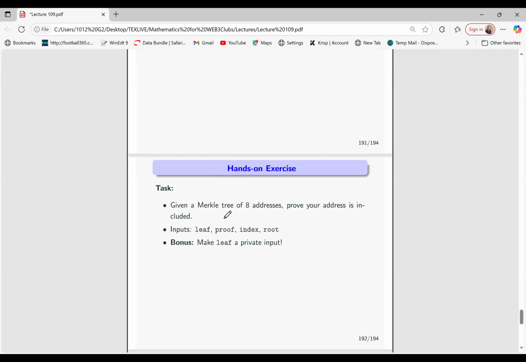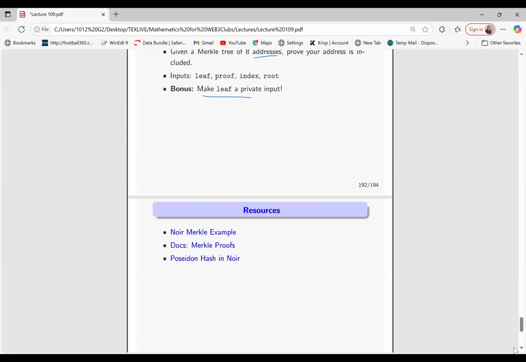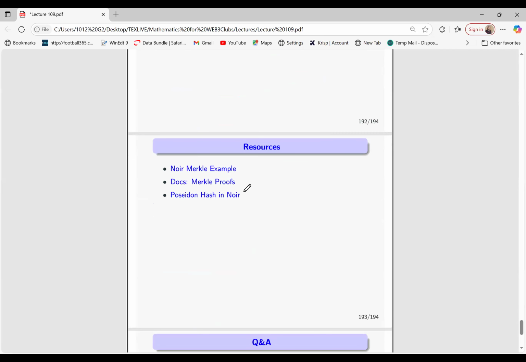The inputs in this case will be leaf, proof, index, and root, as we saw earlier. To ensure that your leaf, which is your address, is private, you don't include the word pub. That will just mean that it's private.